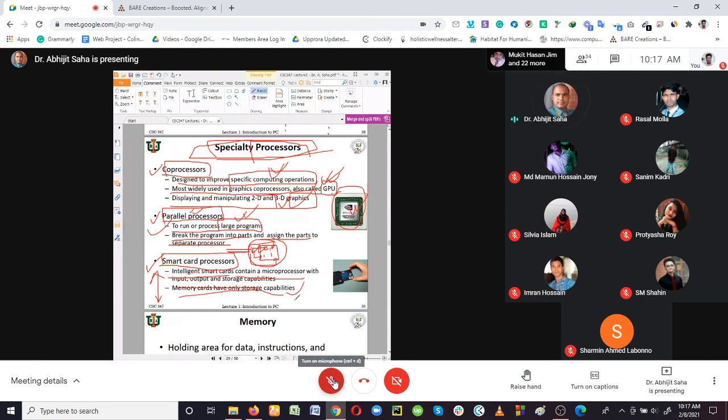But the same card can be made smart. As I already said in your class, what do you understand by a smartphone? I say it is smart because it has many accessibilities. It can do many tasks.